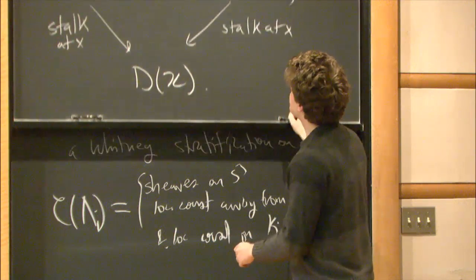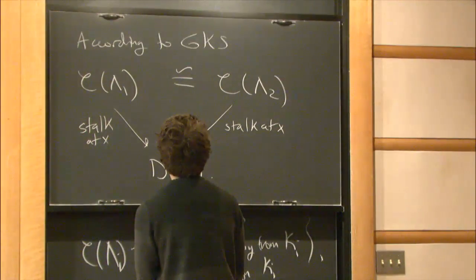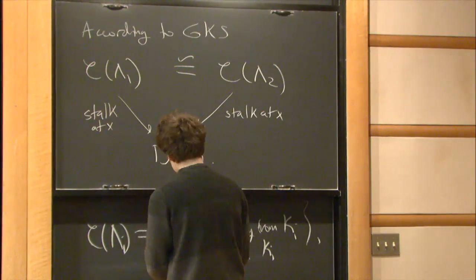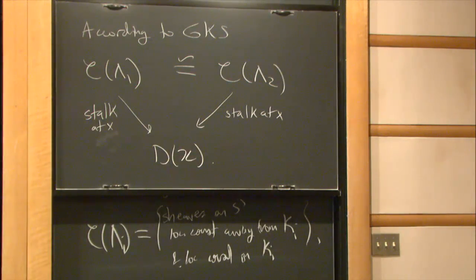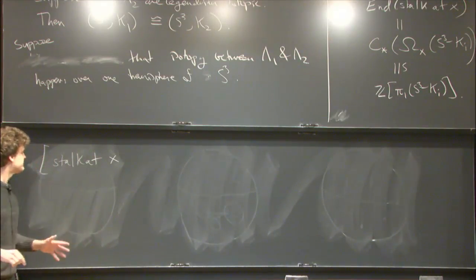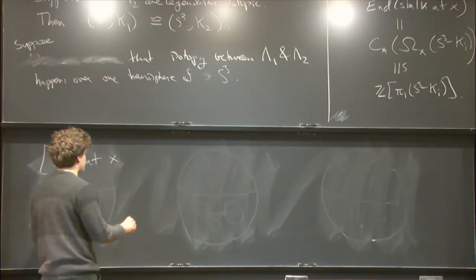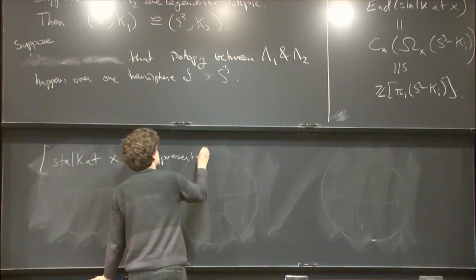Let's see. The stalk functor is represented by, if I have a Whitney stratified space and I have an open stratum, which is a K(pi,1) space, let's say, then the stalk at a point in that open stratum will be represented by the following.